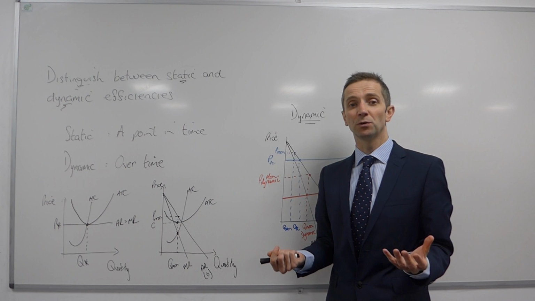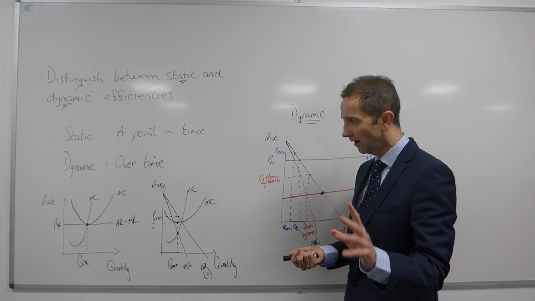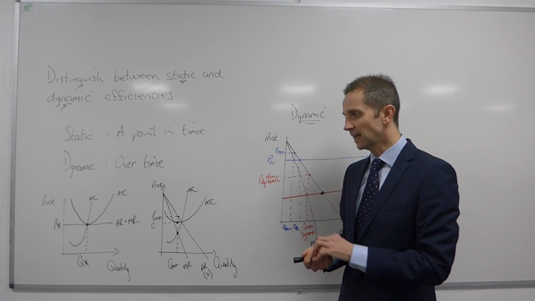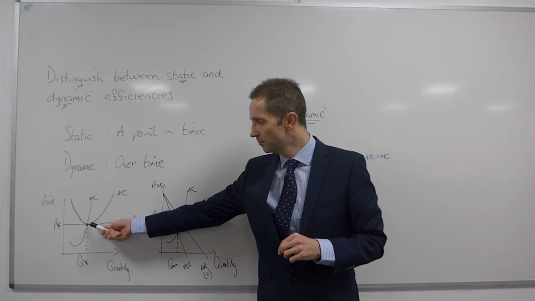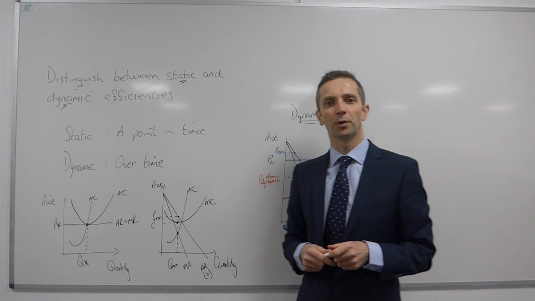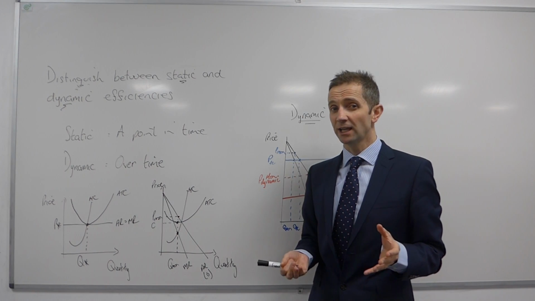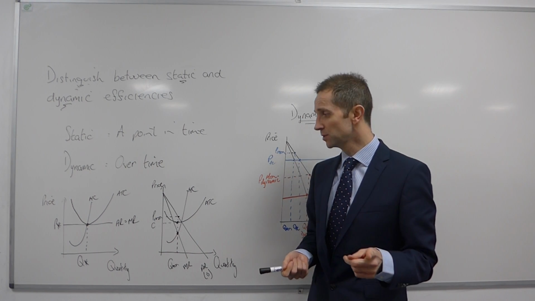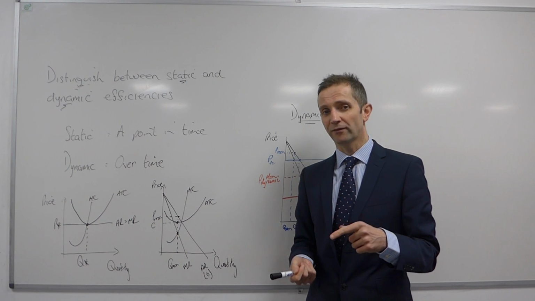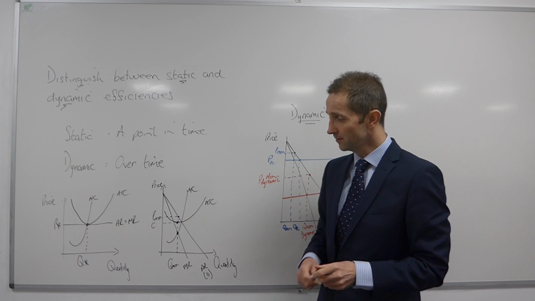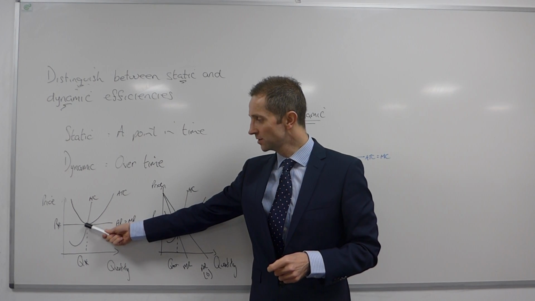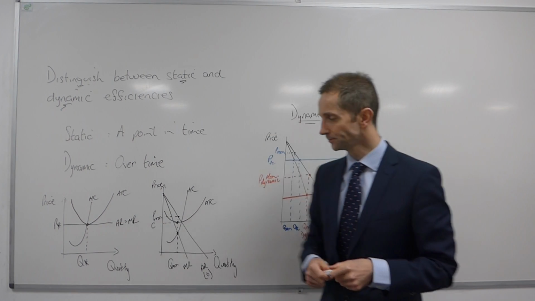Which ones do we want to compare? We want to compare productive and allocative. What's productive efficiency? Minimum ATC. Bang on it right there on perfect competition. What's allocative? Allocative means that price equals marginal cost, or the revenue that you get for selling the last unit produced is equal to what it costs you to make it. And again, P is equal to MC right at that point.